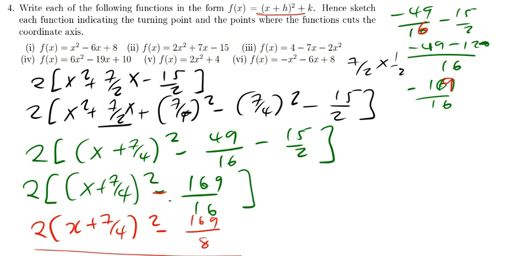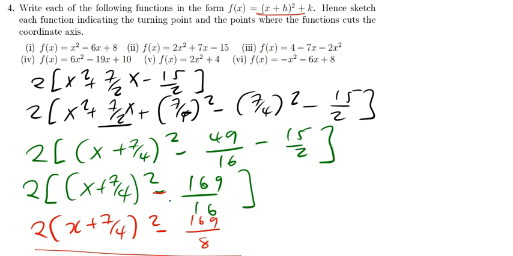Now I need to find the turning point. So what will be my turning point? Remember, for us to find the turning point, x is the same as negative 7 over 4, comma, negative 169 over 8, like that.